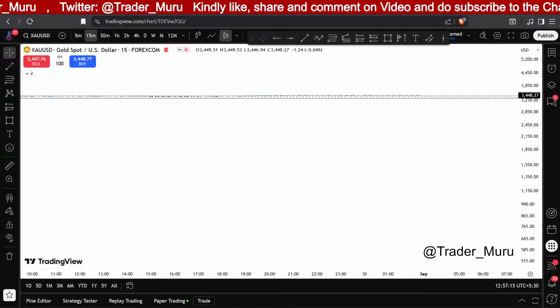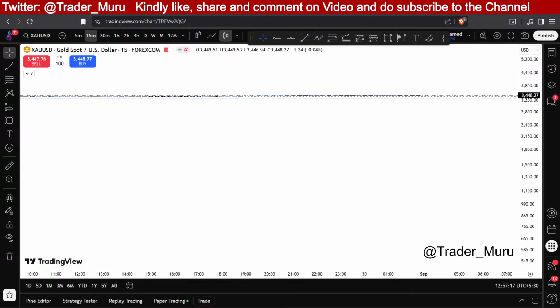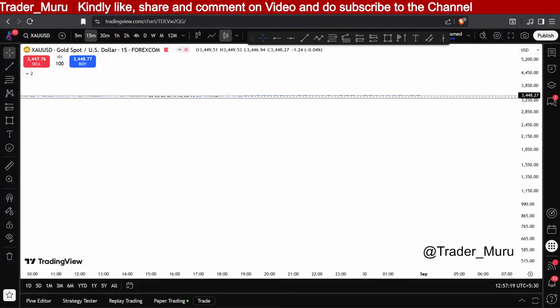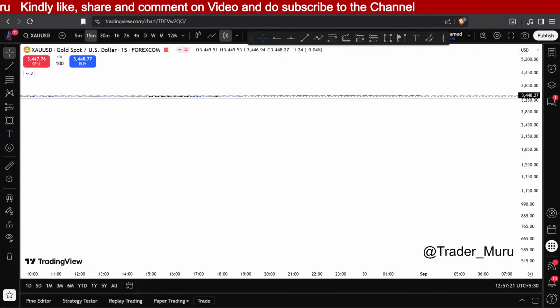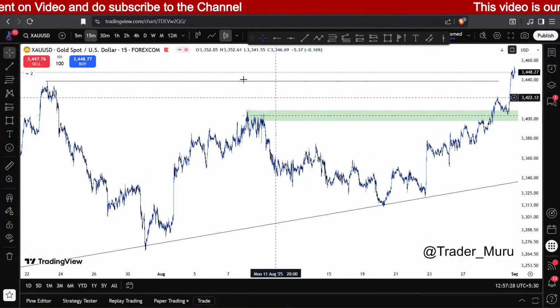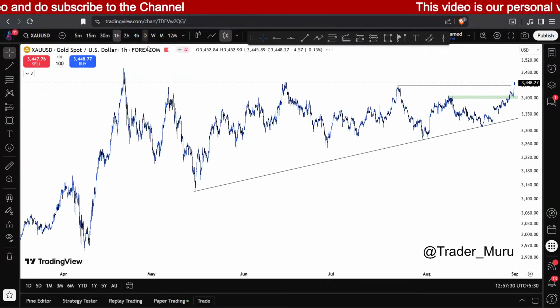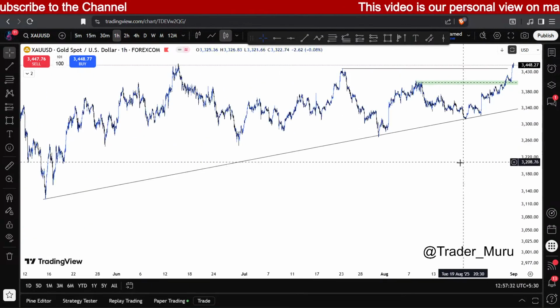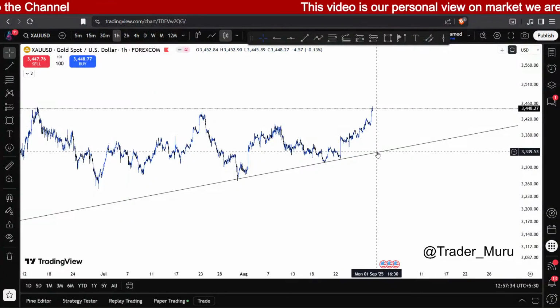गोल्ड के कुछ सीक्रेट्स, कुछ ऐसे मूव जो हर बार दिखते हैं. You will see many behaviors of gold after just backtesting it. It repeats many positions and many structural levels here.